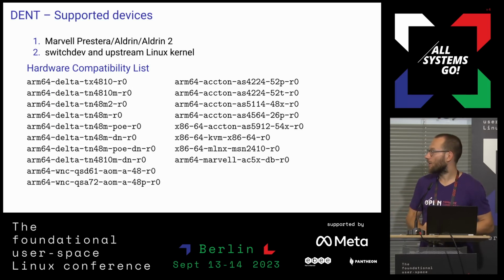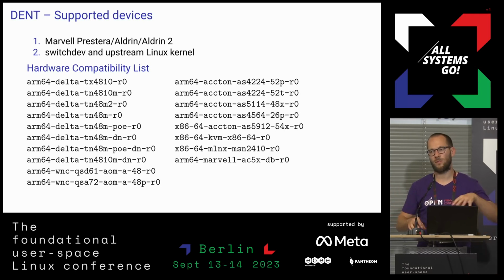Compared to Sonic, there are only a few devices supported, so that's basically the Marvell devices with the Prestera switch, so 10 gigabit and 1 gigabit switches. Mellanox, because they support switchdev, would also be supported, but it's not well tested, right?